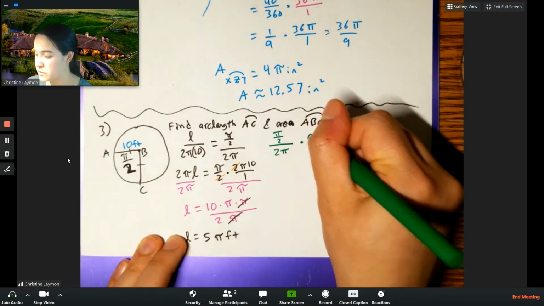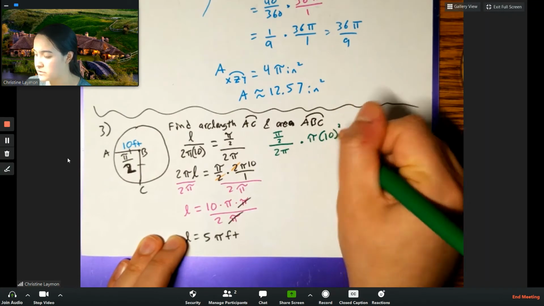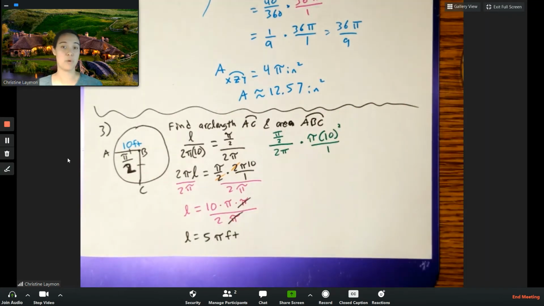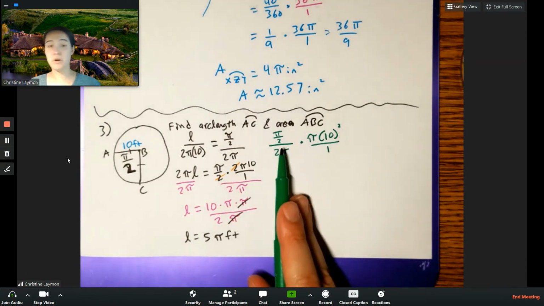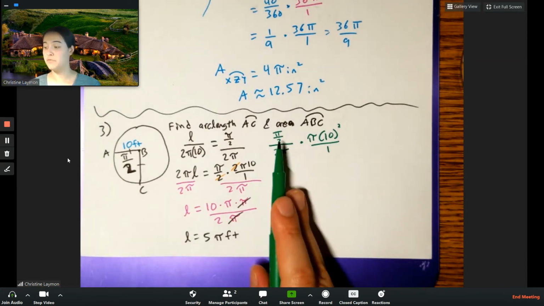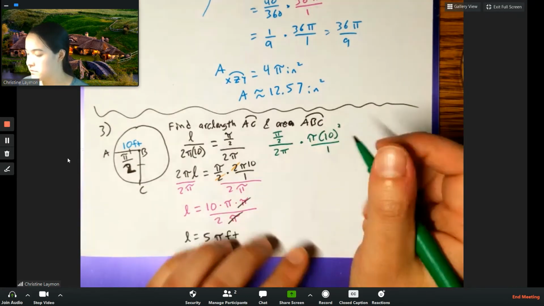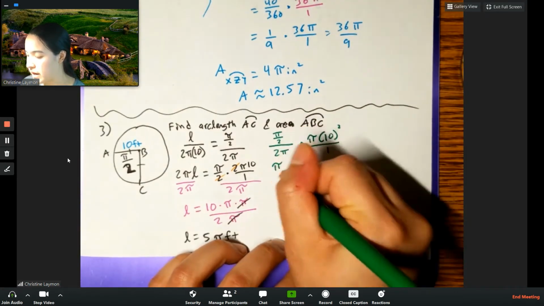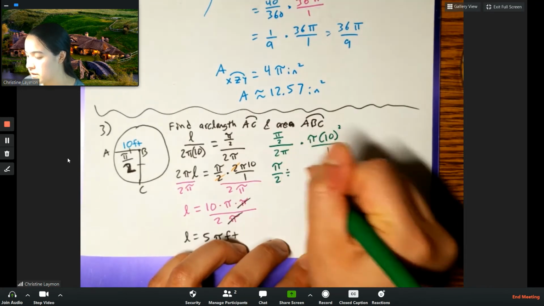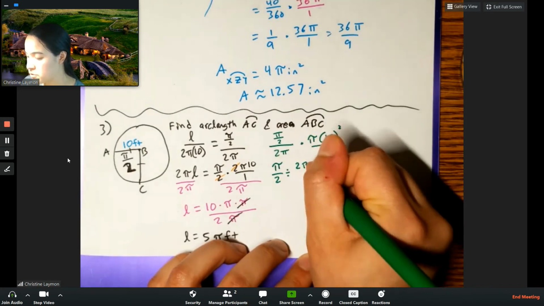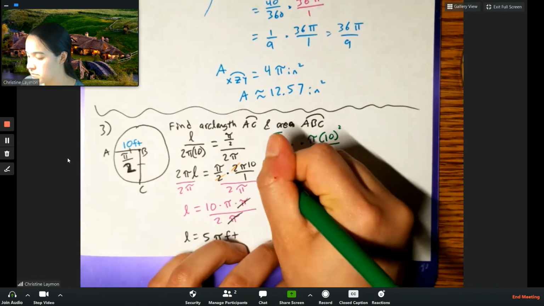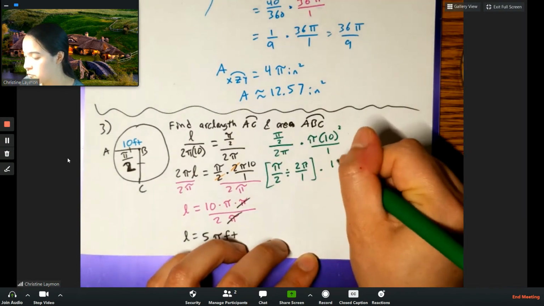So times pi r squared, I'm going to write that as over 1. Okay, so this part here, remember, this says pi over 2 divided by 2 pi. So let me make a note of that. This says pi over 2 divided by 2 pi over 1 times 100 pi.